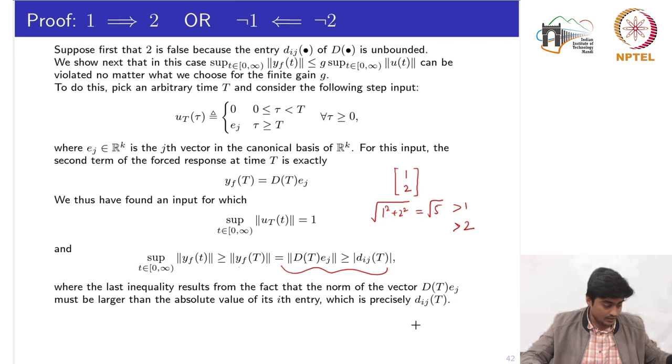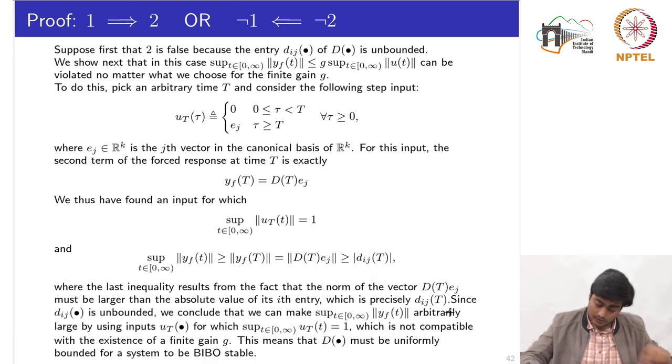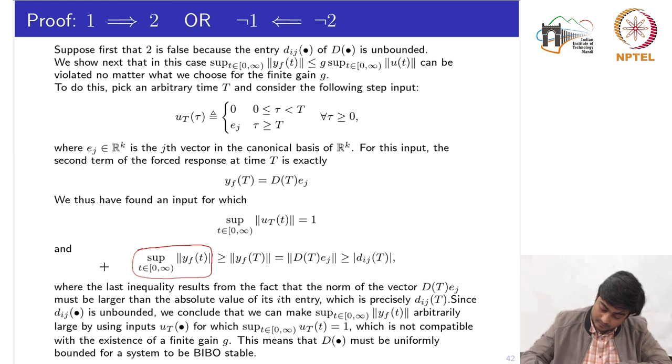So since d_ij is unbounded, we conclude that we can make this part arbitrarily large by using the input, for which we know that this input is bounded.